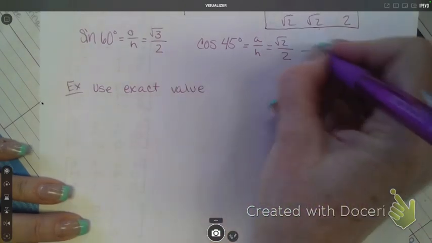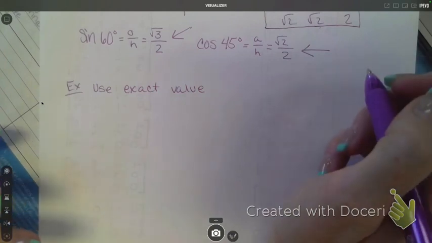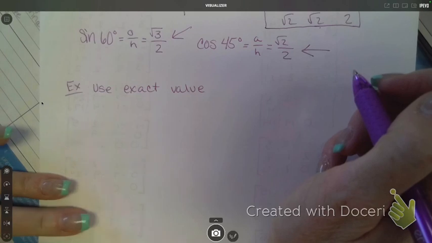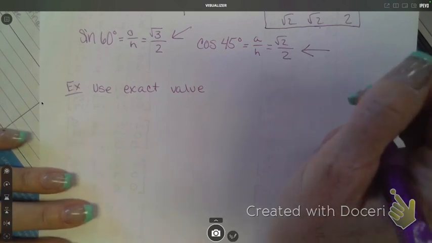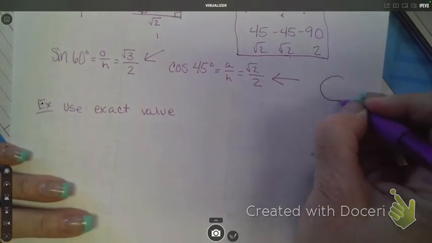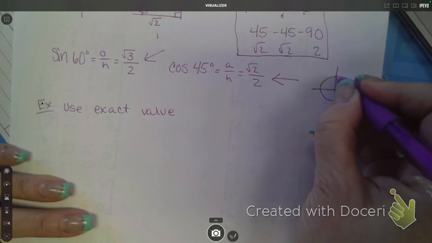Okay, these are exact values, guys. 30, 60, 90, 45, 45, 90, 180, 0, 90, 180, 270, and so the other thing we need is this. And what are my points?